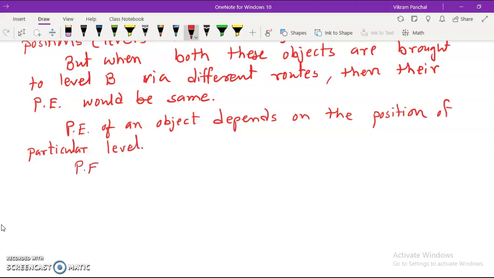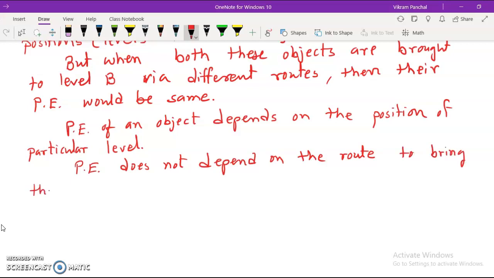Potential energy does not depend on the route to bring that particular object to a certain level.